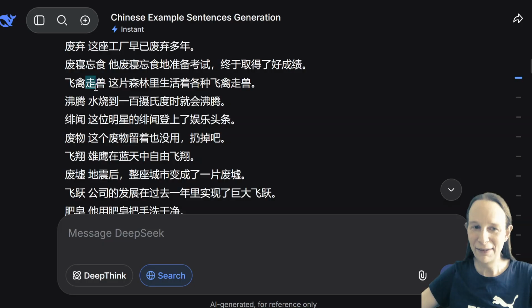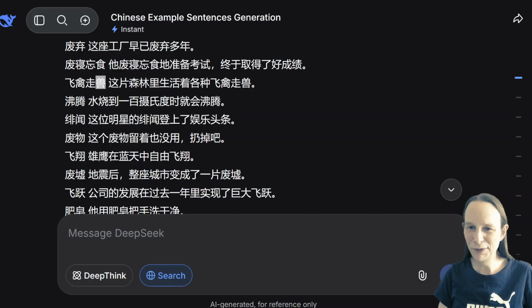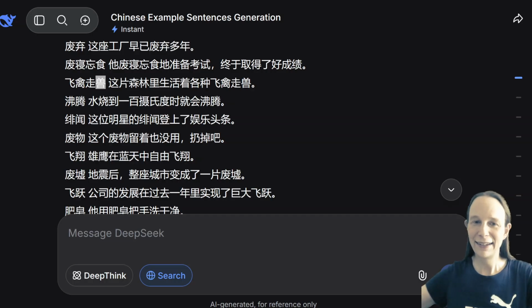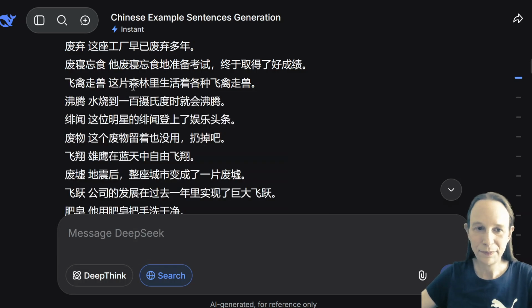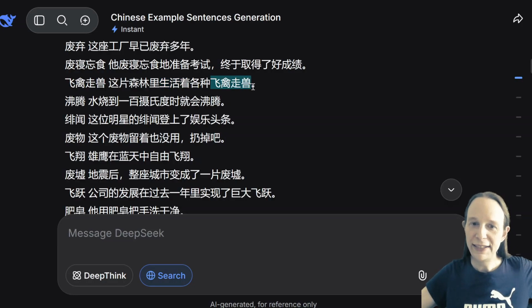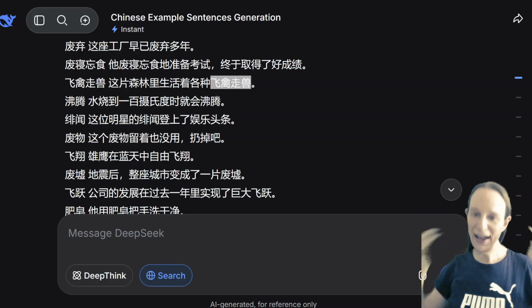So flying birds and 走兽, walking beasts. Beasts are in the sense of usually relatively large mammals. Anyway, it just refers to animals. Birds and animals. 这片森林里生活着各种飞禽走兽. There's all kinds of animals.